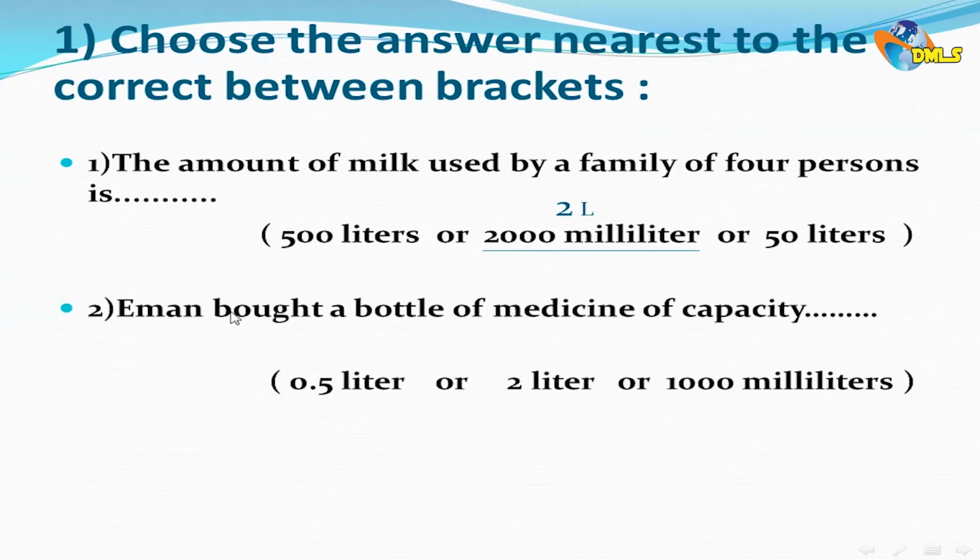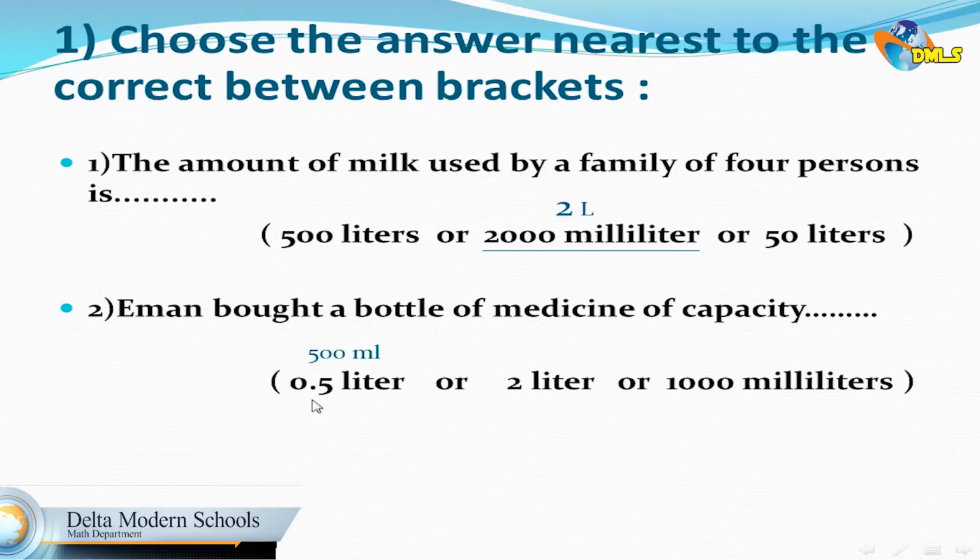Question number 2. A man bought a bottle of medicine of capacity 5/10 liter, 2 liters or 1,000 milliliters. If you look at 5/10 liter, how many milliliters are there in 5/10 liter? Of course you know, 500 milliliters.